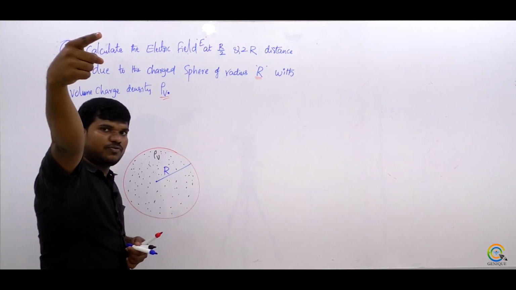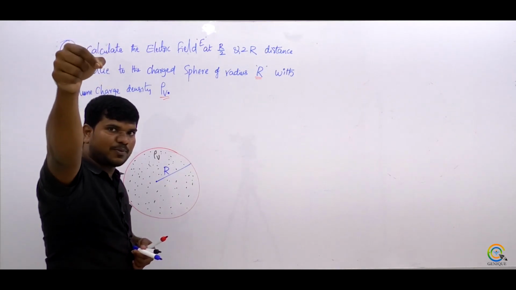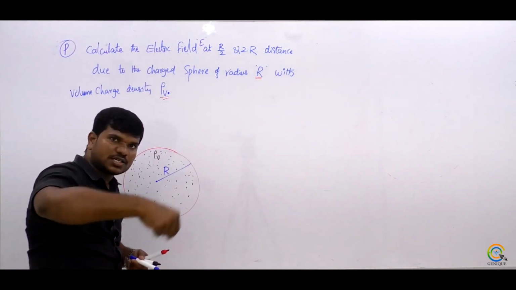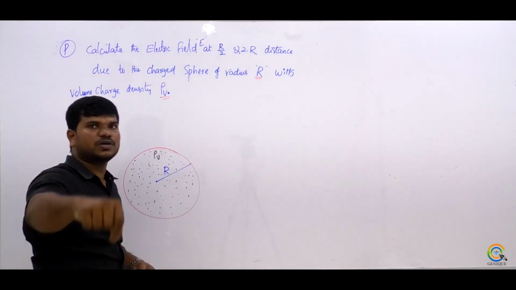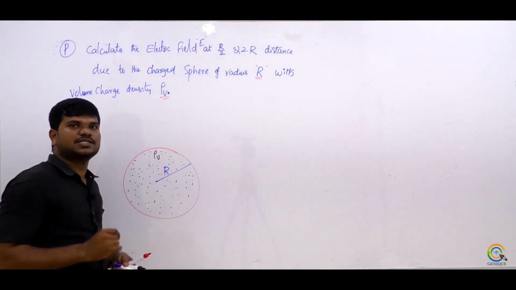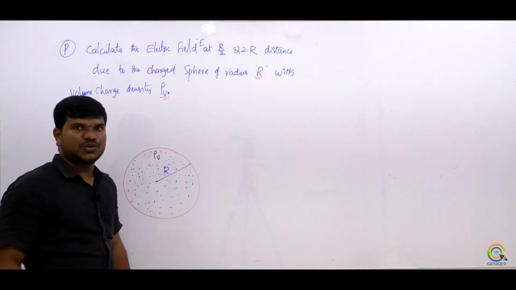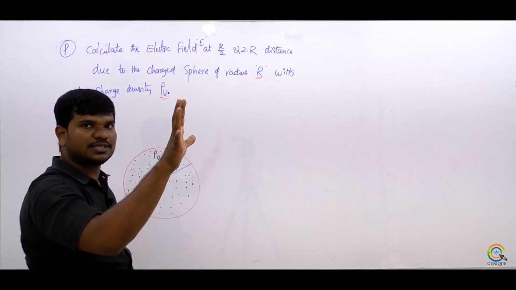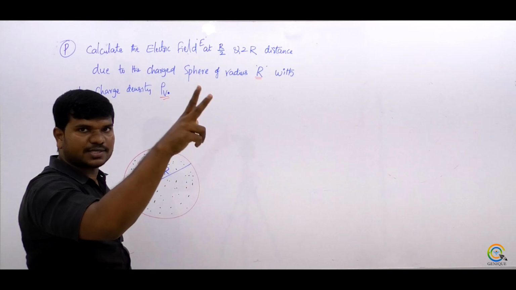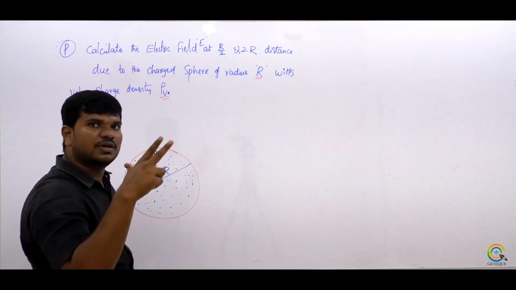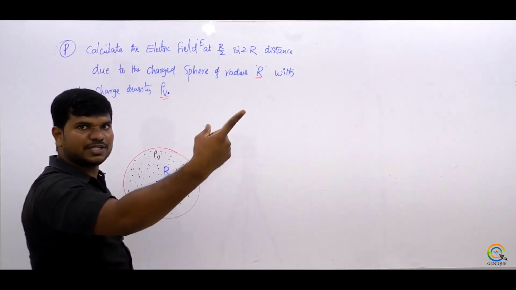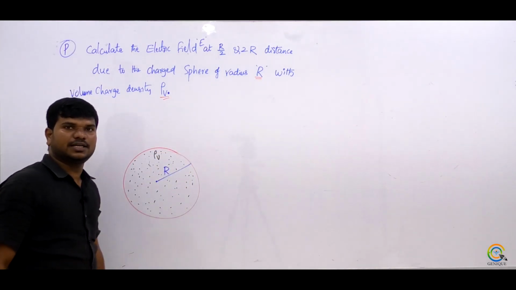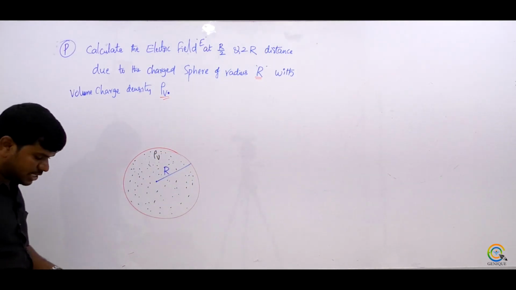Where we have to find the electric field intensity, choose that point and consider one closed sphere. That closed sphere is called the Gaussian surface. You have to consider the Gaussian surface with the radius at which you have to find the electric field intensity or electric flux density.